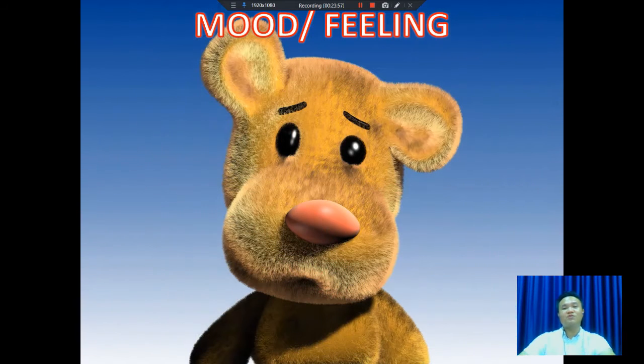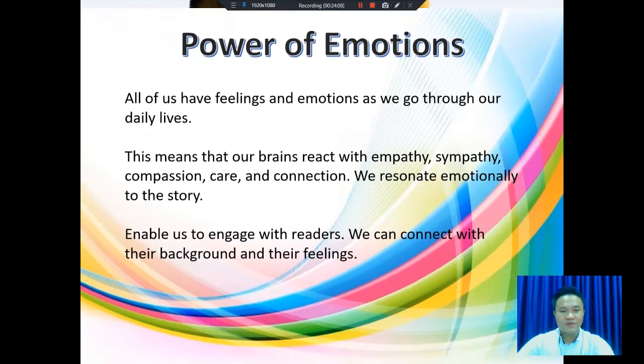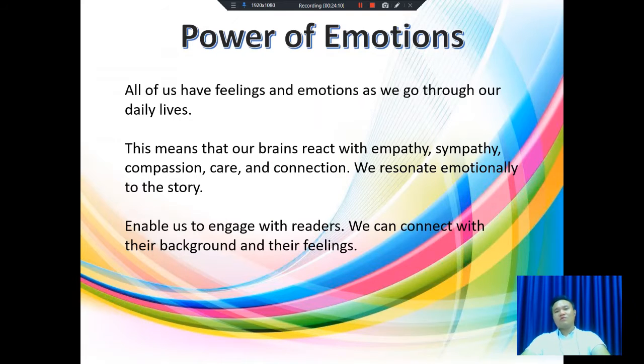Okay, let's look at the first one, the mood or feeling. We can see from the picture here, the bear is feeling sad, right? For mood and feeling, we want to know why we must include emotion in our narrative essay. Because as human beings, all of us have feelings and emotions as we go through our daily lives.